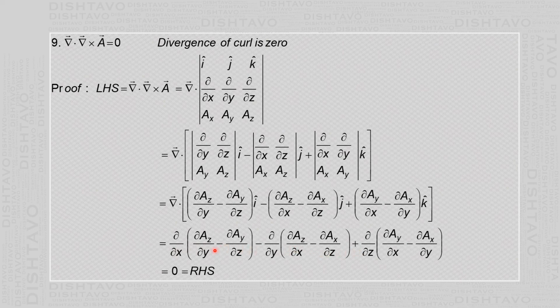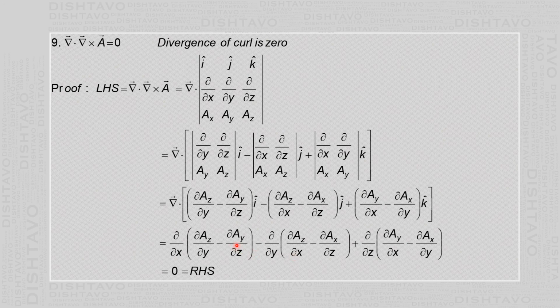Now when you differentiate it, you will find that this first term, which means ∂²Az/∂x∂y, cancels with the third term, ∂²Az/∂y∂x. They are equal with opposite sign, so they will cancel.